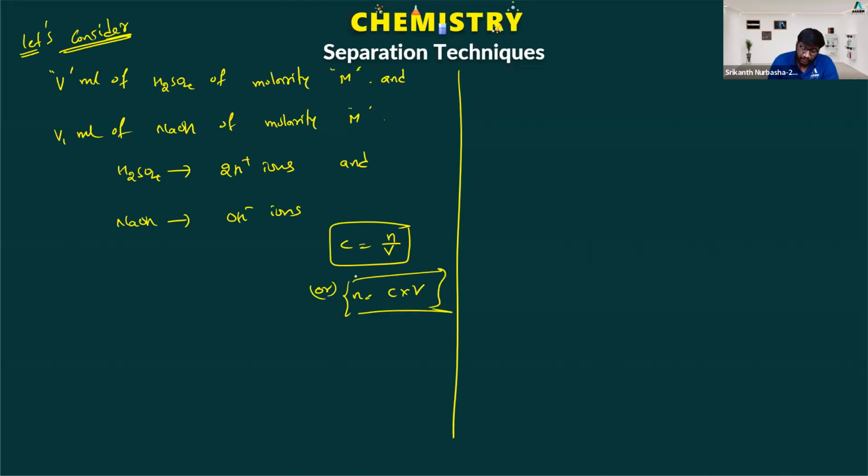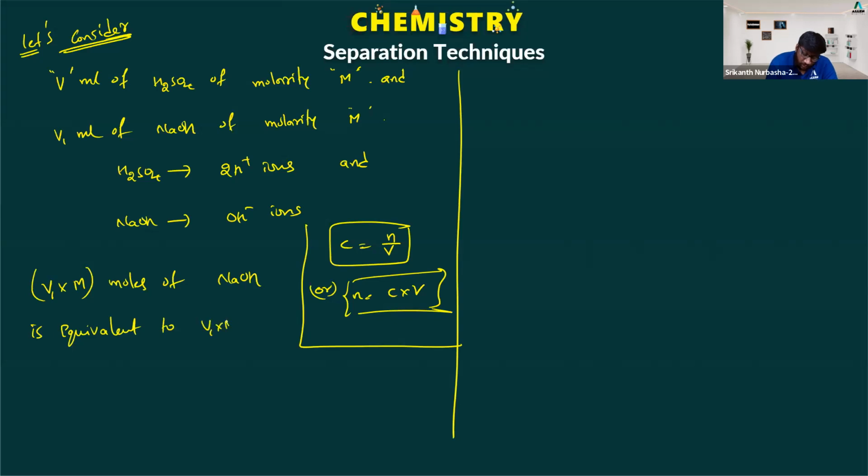So I can say V1 into M moles of NaOH is equivalent to V1 into M moles of OH minus ions, because number of moles is equal to concentration into volume, right?